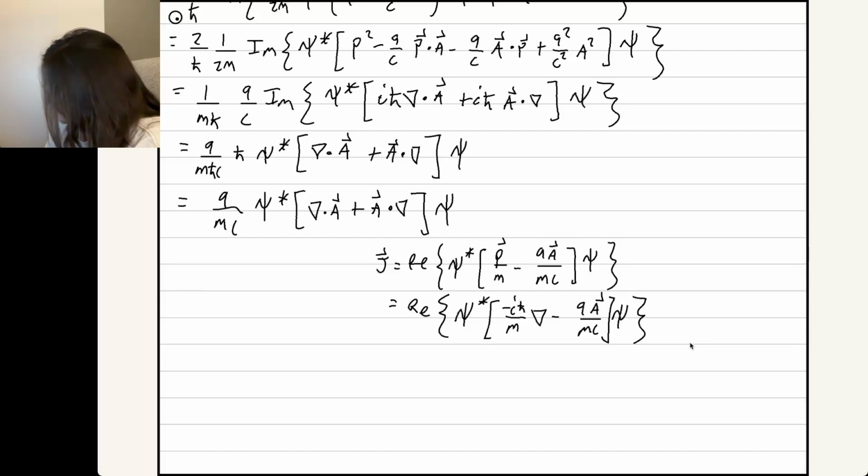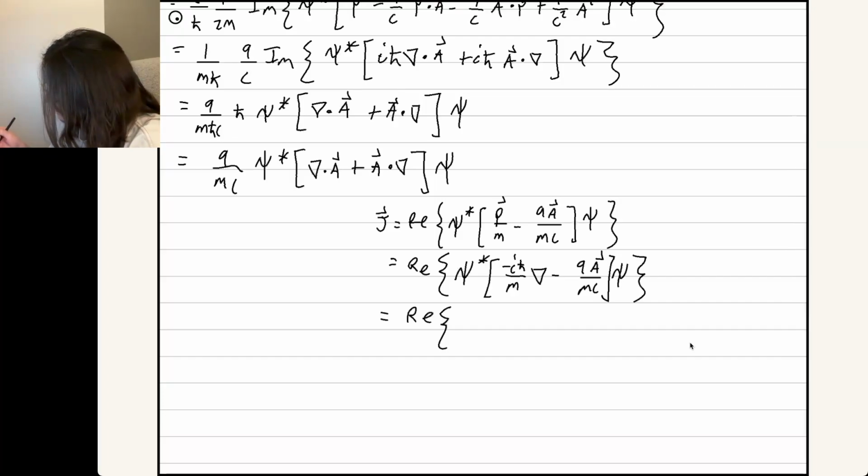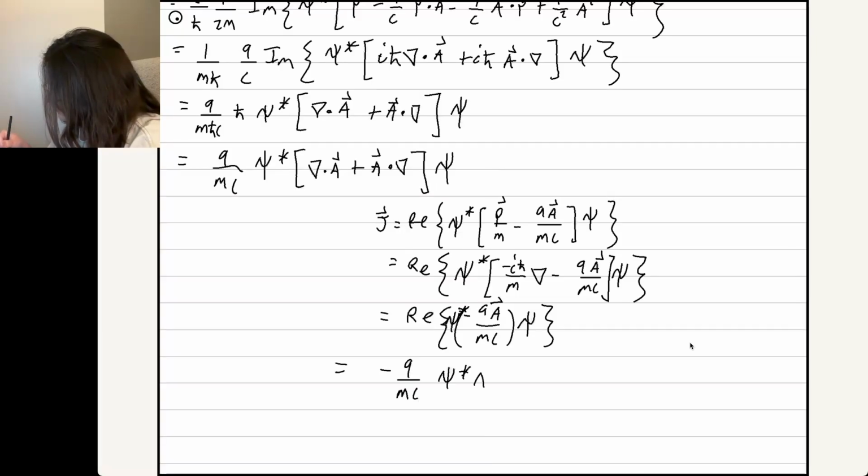And then the real part of that is the thing that doesn't have an i attached to it. So it's just the real part of minus qA over mc with psi star psi around it. So it's just minus q over mc psi star A psi.